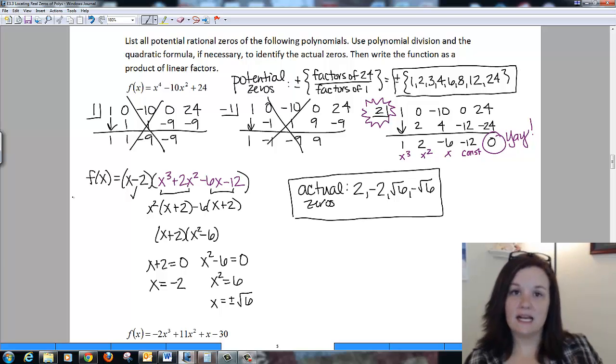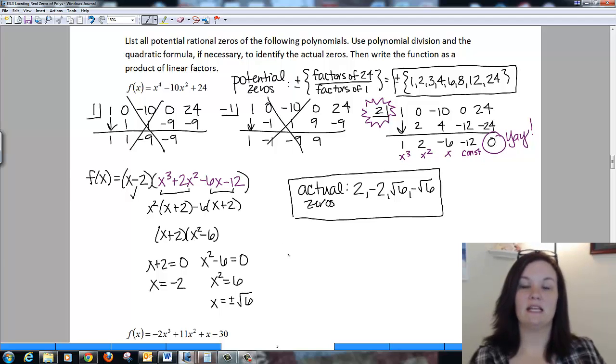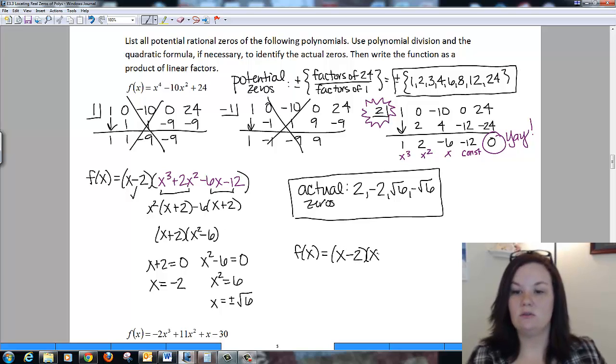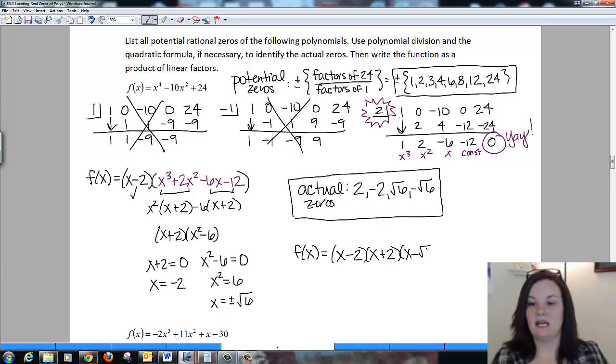And then the last thing it asked me to do is write out my f of x in factored form. So I'm going to say f of x is the same thing as, all I have to do is take each of these zeros and move it back across the equal sign. So I would have x minus 2 times x plus 2 times x minus the square root of 6 times x plus the square root of 6.